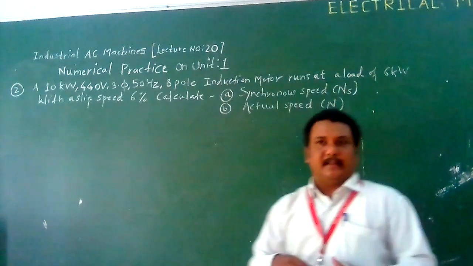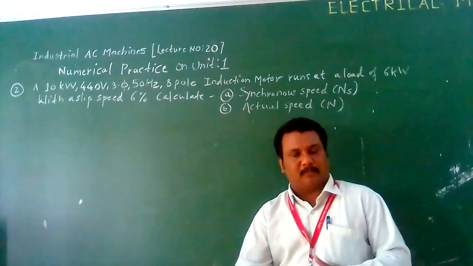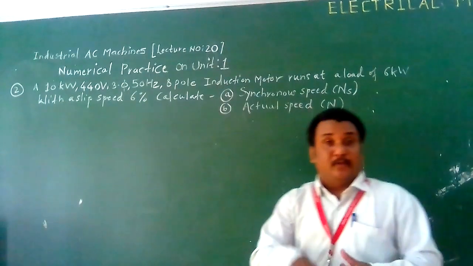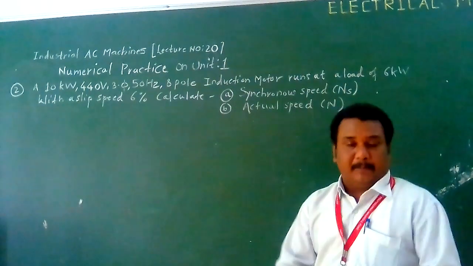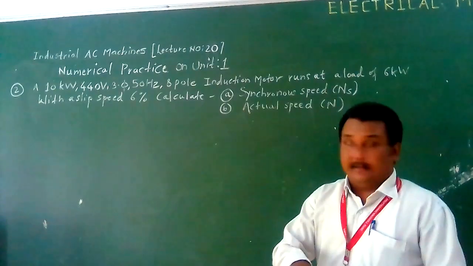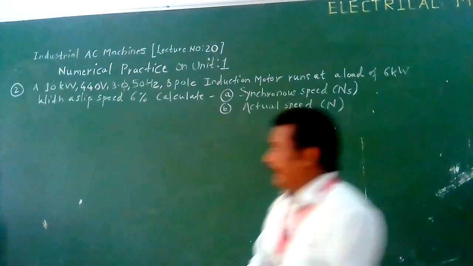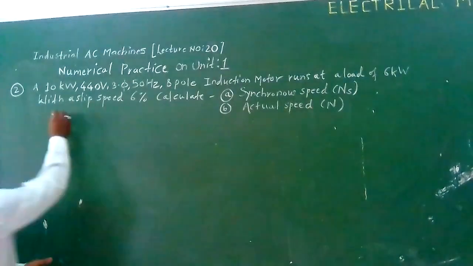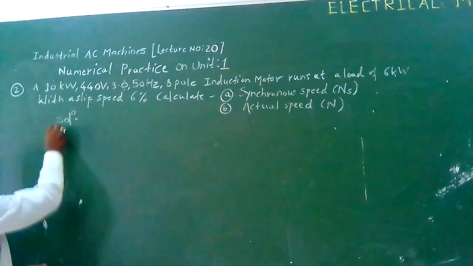In the previous example, we calculated synchronous speed in a simple way and then used the slip formula to calculate slip. But in this one, first of all we write the given data.